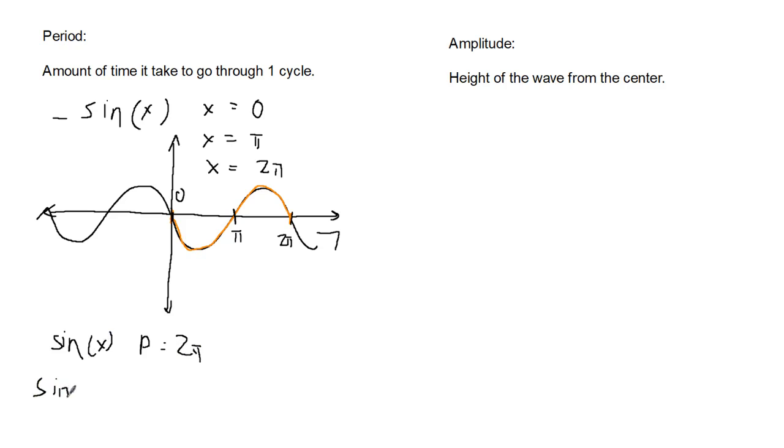What's the period of sine 2x? Well, we already know the values that sine of x is going to be 0 at. So sine of x can be 0 at x equals 0, so we still have x equals 0. But sine of 2x is also going to be 0 at x equals 1/2 pi. The reason is if you multiply 1/2 pi by 2, you'll get regular pi, and the sine of pi is 0, right?